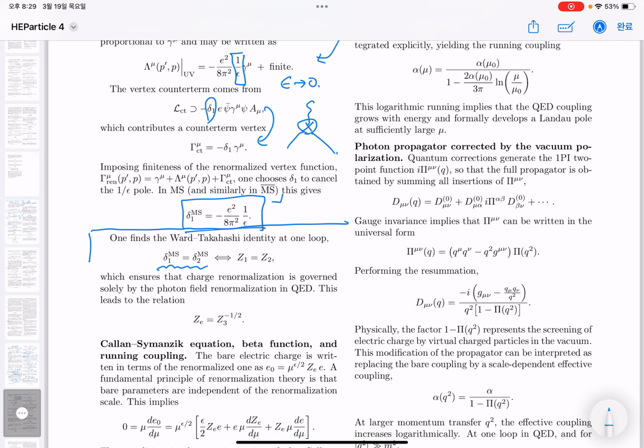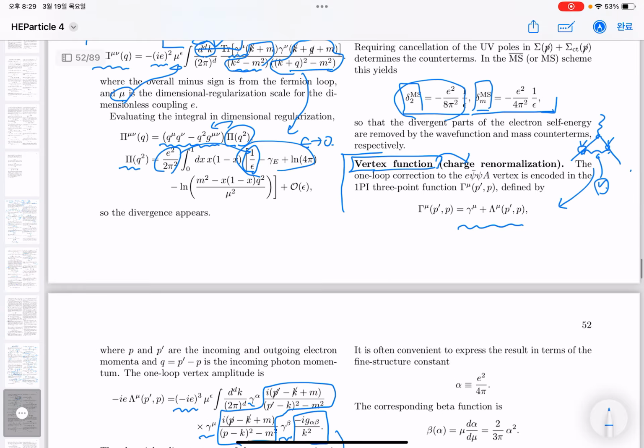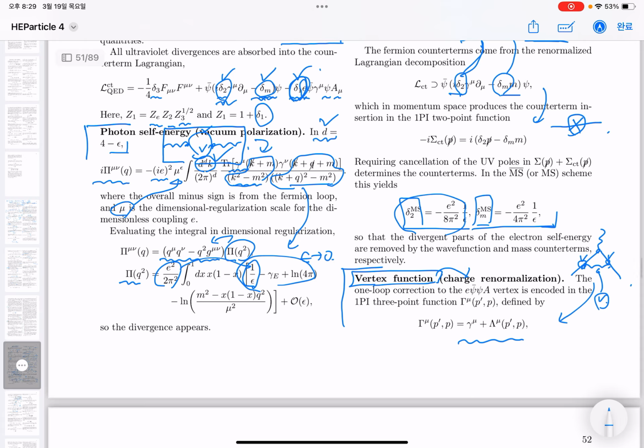Z1 is determined by a combination of the other renormalization constants, Ze, Z2, and Z3 to the one half. And now we know that Z1 and Z2 are the same, so Ze and Z3 are also related.